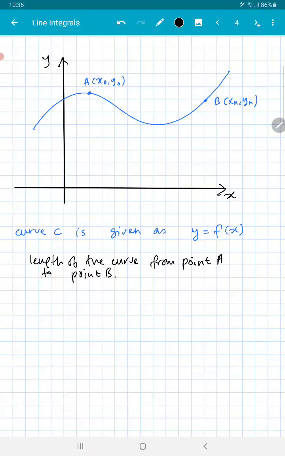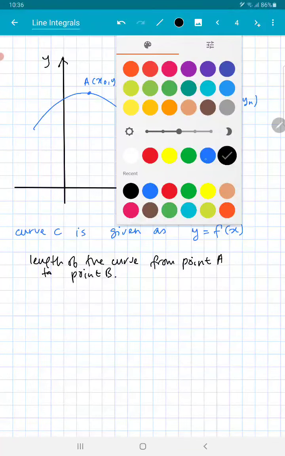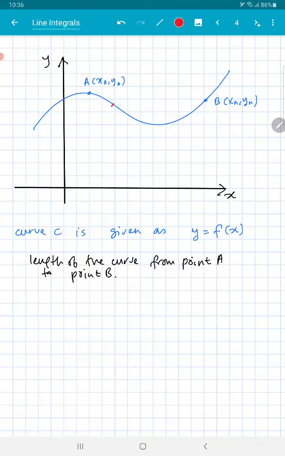What we're going to do is partition our curve into different line segments. Let's say you partition it into five line segments. Here from point A to point B we have one line segment, and another, and another, another, and another.